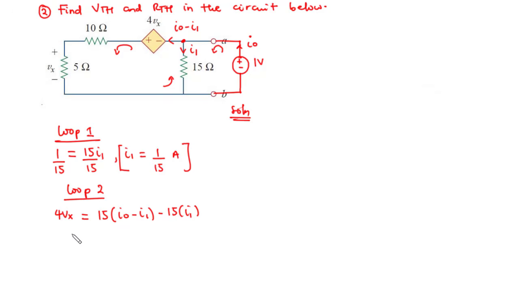Now we have Vx, that is the voltage across this resistor, and that is given by the value of current flowing through this resistor times the value of the resistor. We have the current flowing through this resistor to be I0 minus I1.